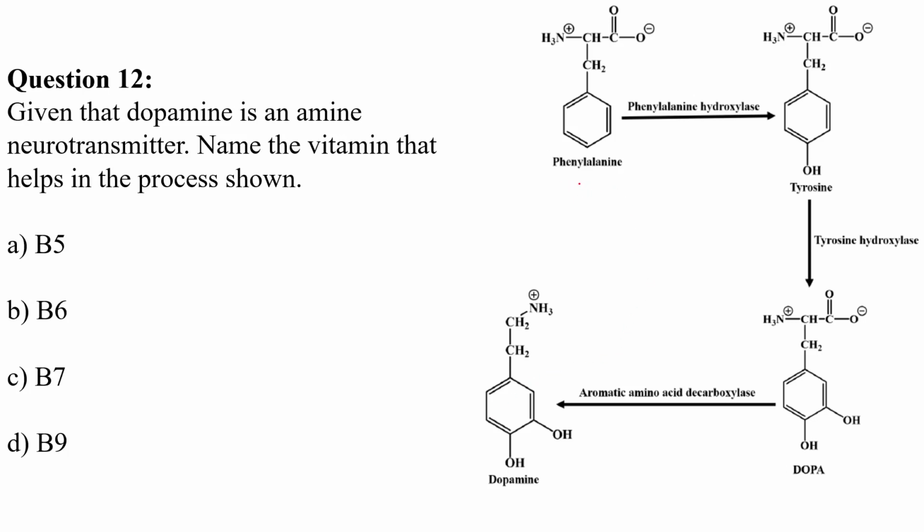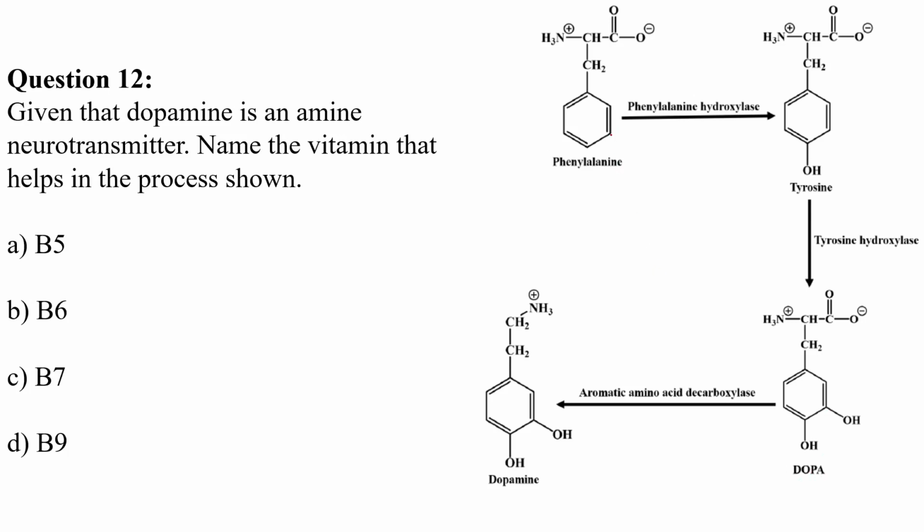So here we have a process where phenylalanine, which is an amino acid you have studied, is converted into tyrosine. Then tyrosine is converted into dopa, that is dihydroxyphenylalanine.